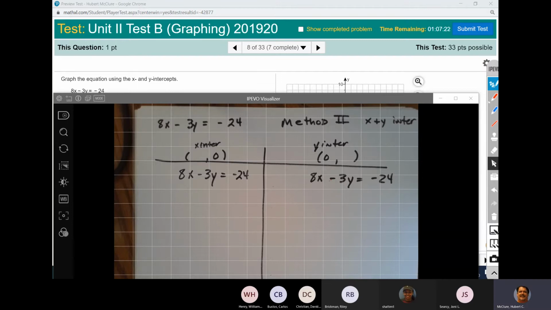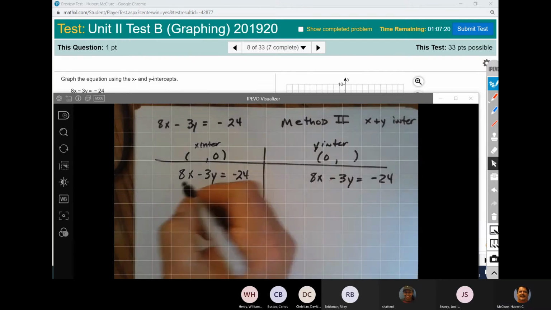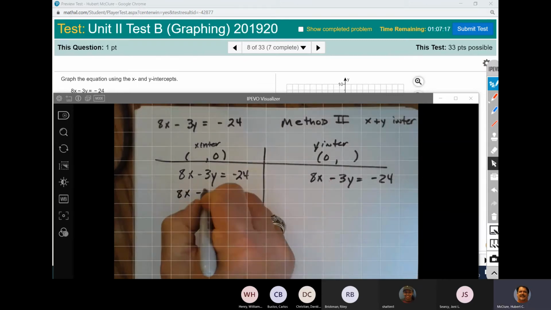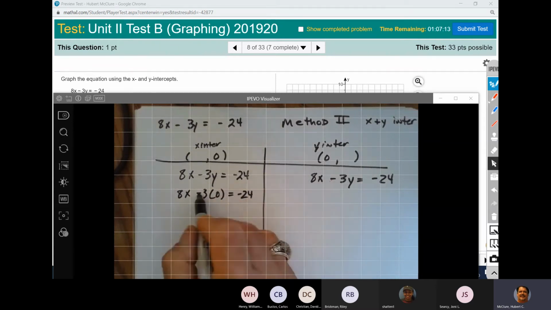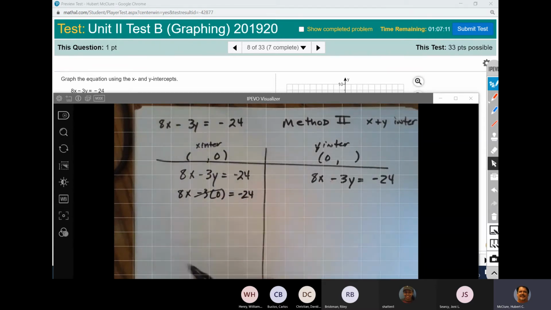Okay, so 8x minus 3 times 0 equals negative 24. 3 times 0 goes out. 8x is equal to negative 24. X is equal to negative 3.